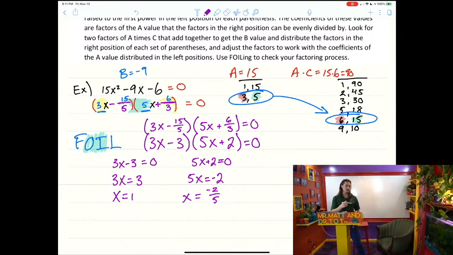The inner times the inner is going to multiply times each other, so you need to reduce the non-variable coefficient, the number that doesn't have an x attached to it, by the coefficient attached to x that it's going to be multiplied by when you do inner times inner. I'm not going to ask you to solve for the actual x values. I'm just asking you to factor, but I just wanted to point that out.